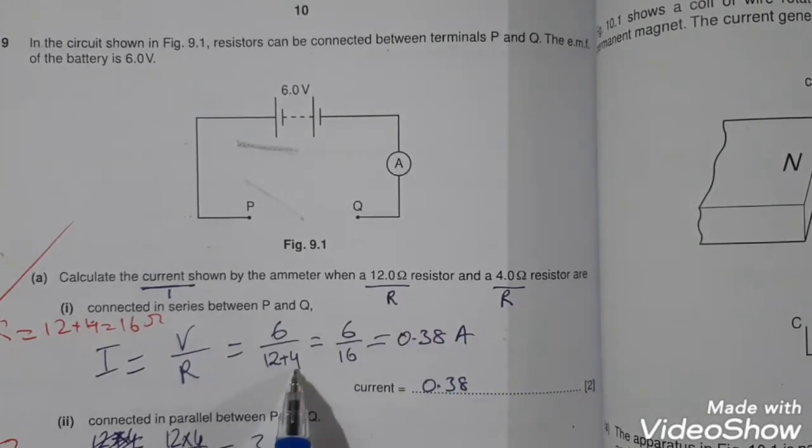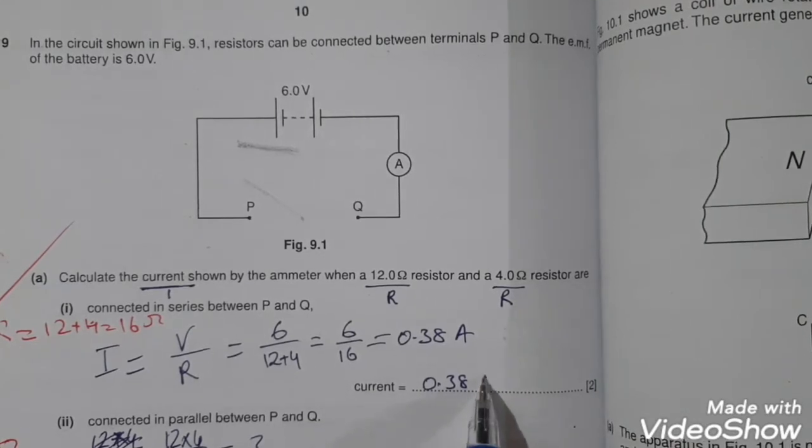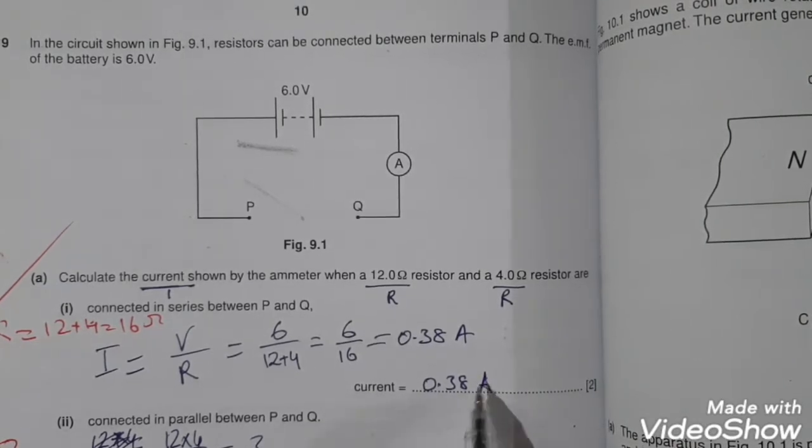So 12 plus 4 is 16, so 6 divided by 16 is 0.38 amps. So the current is 0.38 amps, and we'll write amps over here.